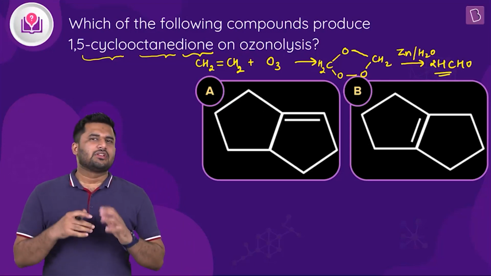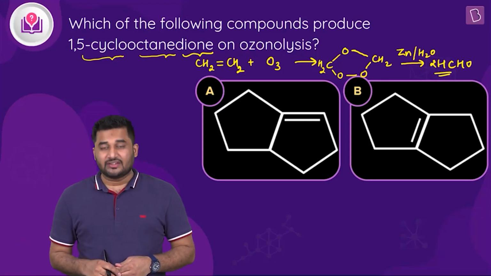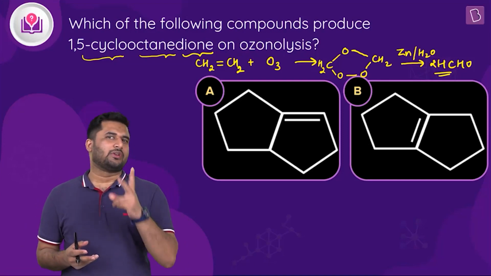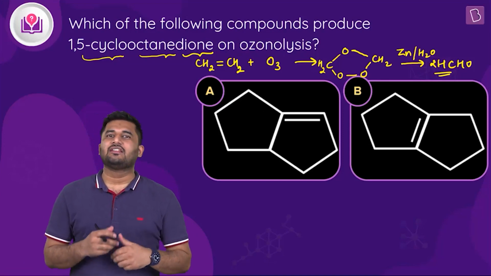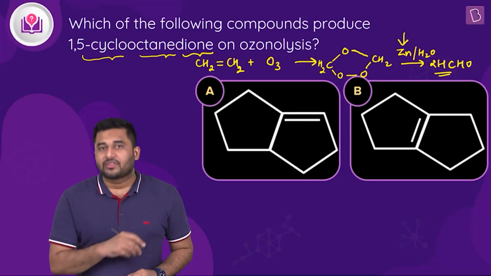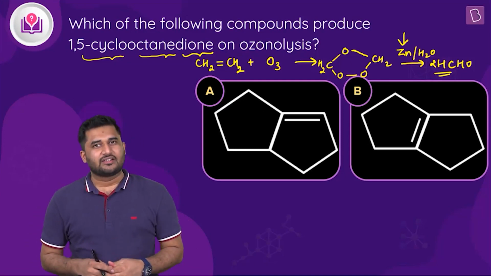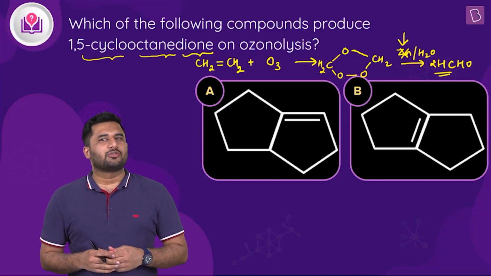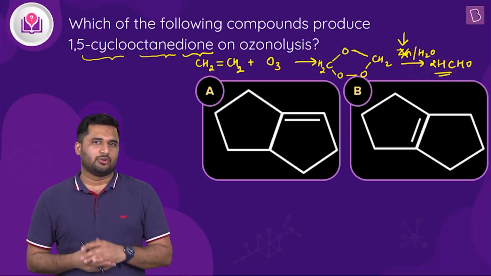So this is what takes place in case of ozonolysis, and an important thing to note here is that ozonolysis can be of 2 types. One is reductive ozonolysis, the other is oxidative ozonolysis. Now if you use this zinc, then the ozonolysis is called reductive ozonolysis, and if you do not use this zinc, then the ozonolysis is called oxidative ozonolysis.